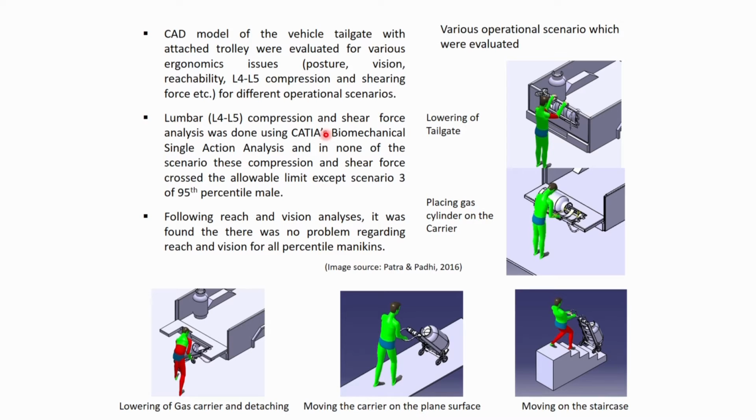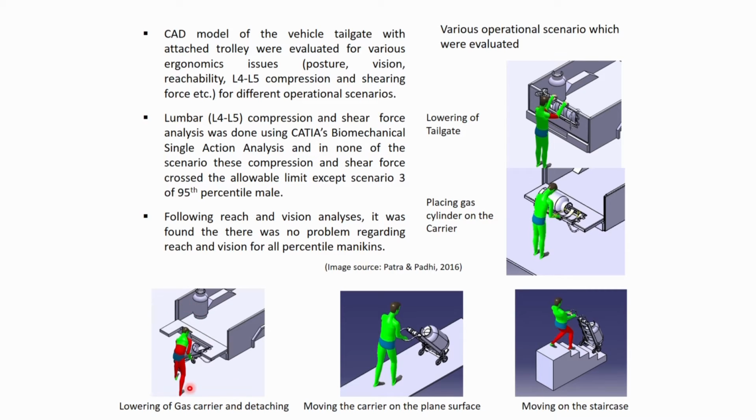Lumbar L4 L5 compression and shear force analysis was done using CATIA's biomechanical single action analysis, and in none of the scenarios did this compression and shear force cross the allowable limit except in scenario 3, particularly during the lowering of the gas cylinder carrier and detaching it.